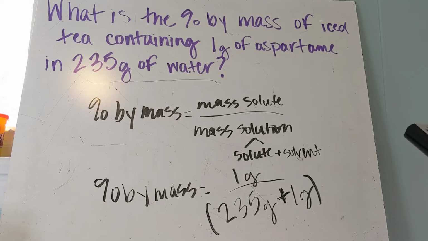Alright, so when I do 1 gram divided by 235 plus 1, we do get 236 there on the bottom.